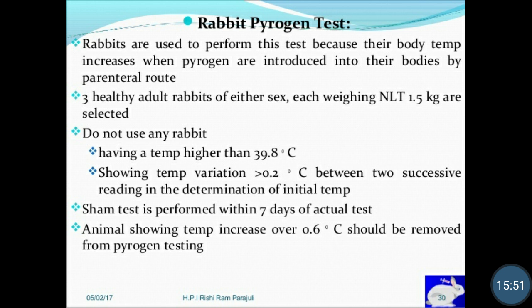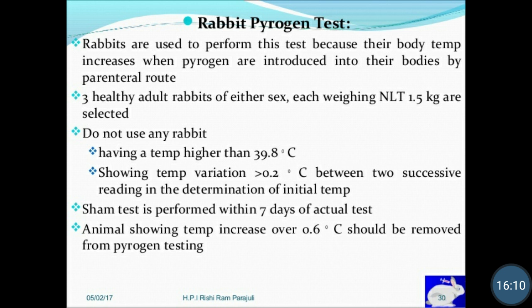So in this testing, 3 healthy adult rabbits of either sex, each weighing not less than 1.5 kg, are selected. For this testing, initially 3 rabbits are used which have weight of not less than 1.5 kg.